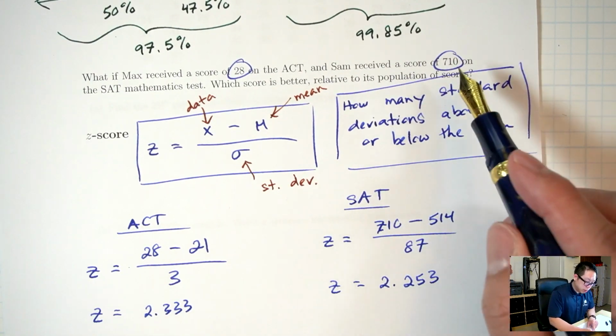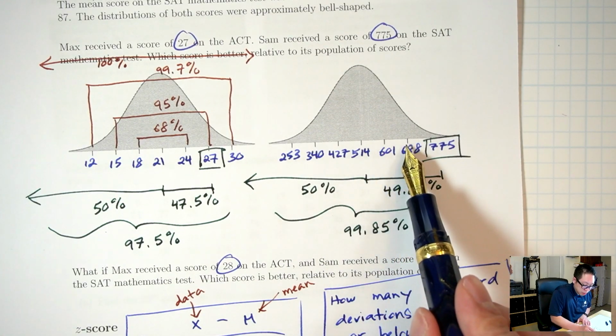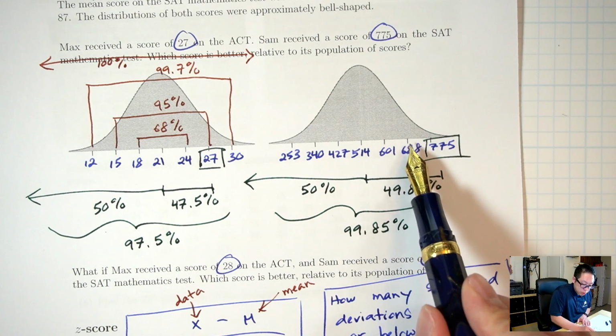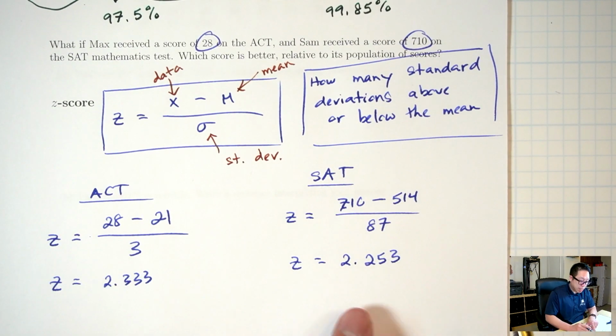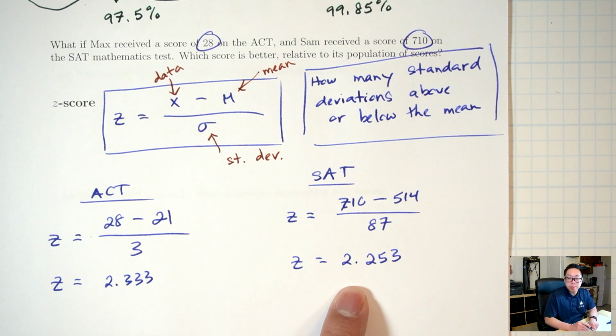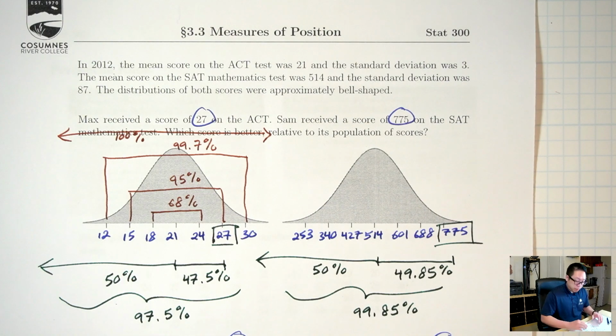And then similarly, the 710. 710 is, that's 1 step, 2 steps. 710 is somewhere between 2 steps and 3 steps. But we're saying here that it's exactly 2.253 steps, or 2.253 standard deviations above the mean. So these two pictures are the same.